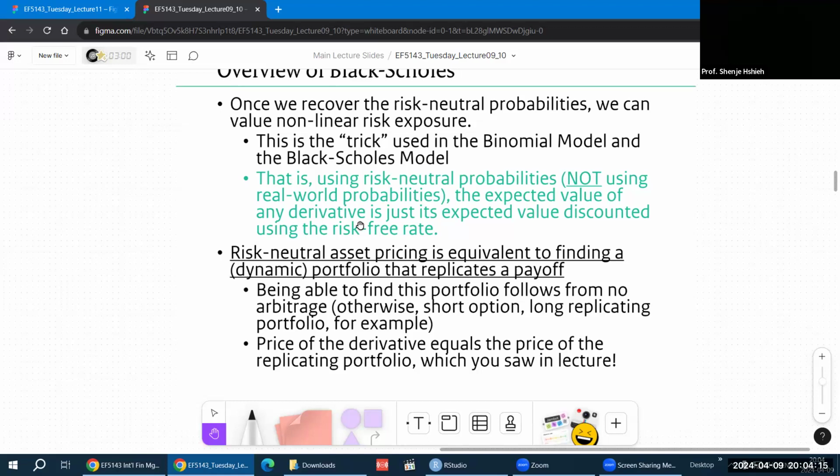So if you can replicate, there must exist risk neutral probabilities and nothing to do with real world probabilities anymore, right? We don't care about those. Those things become not useful for us for pricing things. So if you can replicate the portfolio, replicate a payoff of the contract or portfolio, then you can price it using risk neutral method, risk neutral asset pricing method. So that's their Nobel Prize contribution. If you can replicate, there must exist risk neutral probabilities. If you can identify these probabilities, you can price anything.